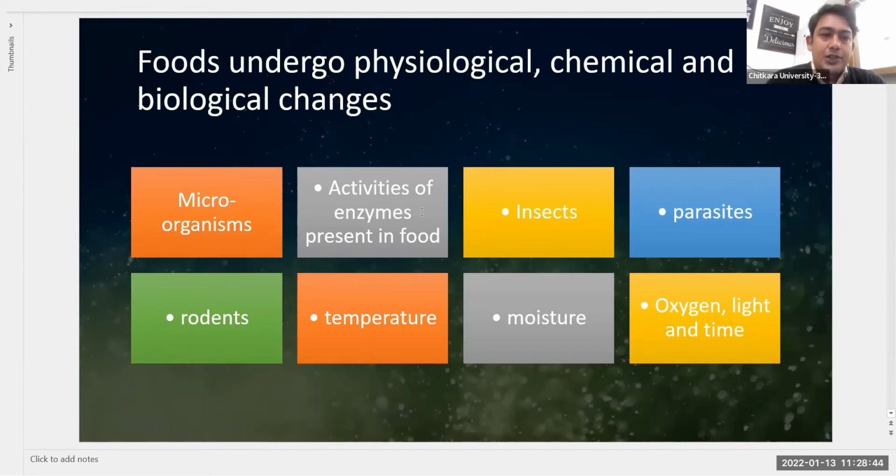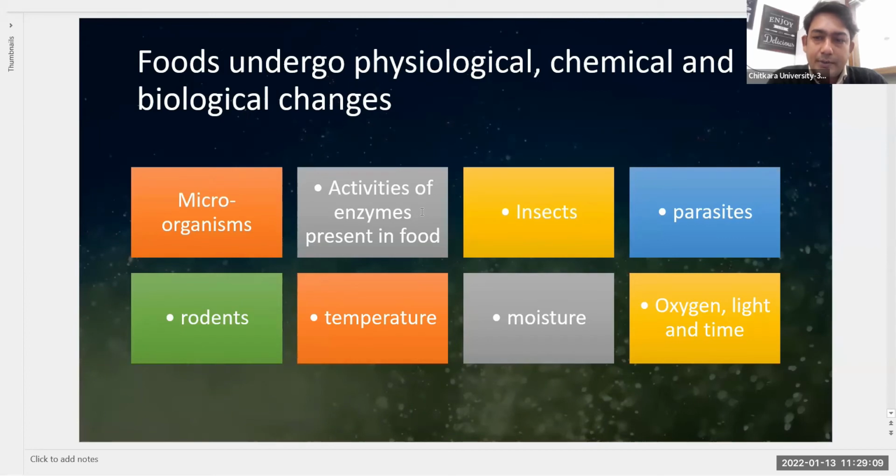These changes happen because of various factors like microorganisms. Various microorganisms induce changes in a food product. Sometimes the activities of enzymes present in food are responsible for these changes. Sometimes insects, various forms of insects, are also responsible.